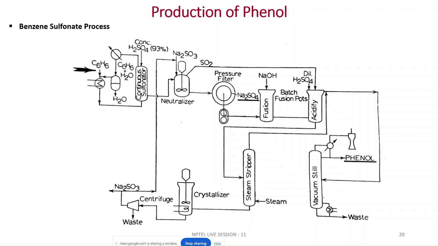So in this process, the benzene is preheated and sent to the first process, the sulfonation process, a continuous sulfonator, where concentrated H2SO4 is also passed into the reactor.